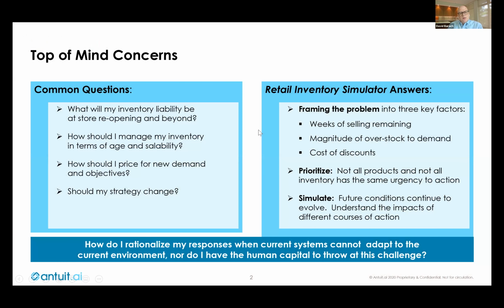Soon after the sales disruption from store closures, it became important for our customers to think about how to manage the inventory effects of stores being closed. Retailers really have had to think about their inventory in terms of four key factors. First, obviously, how much inventory not only do they have now, but will they have with the resumption of store opening and resumption of demand.